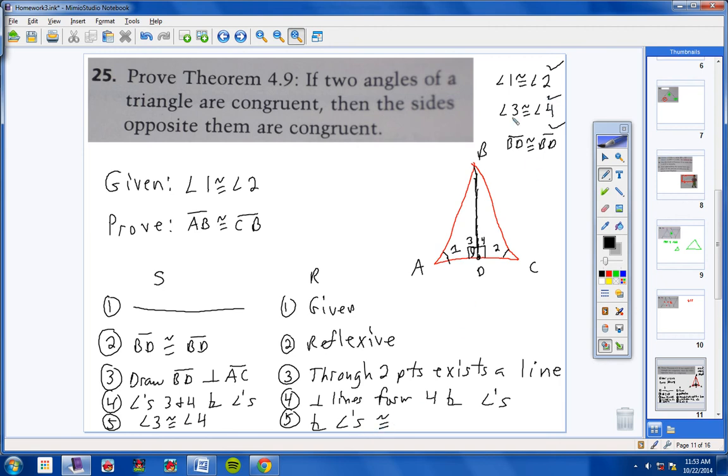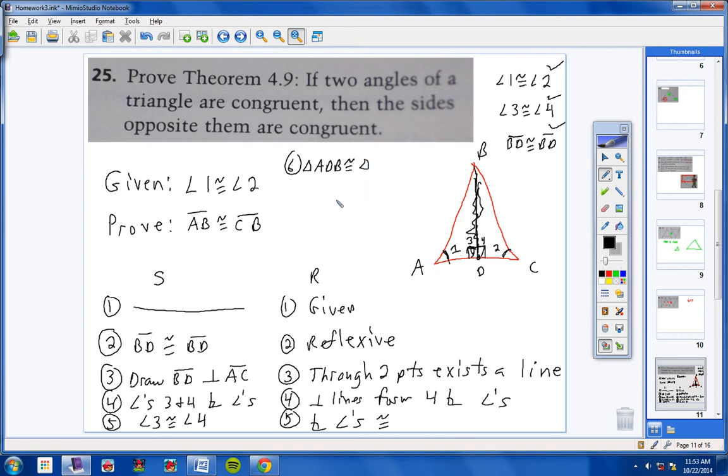So students, we've listed everything in our checklist here. So we now have an angle and a side congruent to an angle and a side. So for step 6, I'm going to go ahead and state triangle ADB is congruent to.